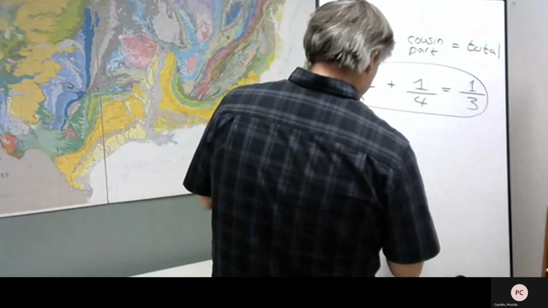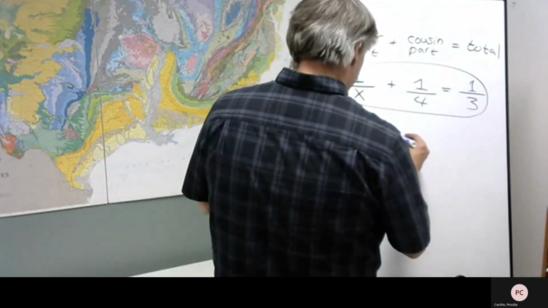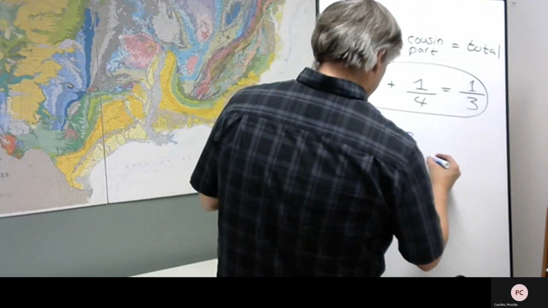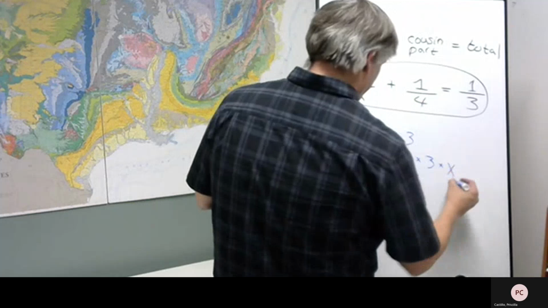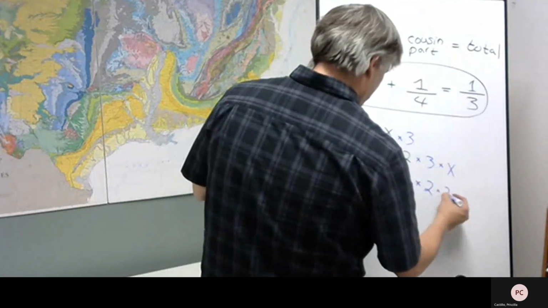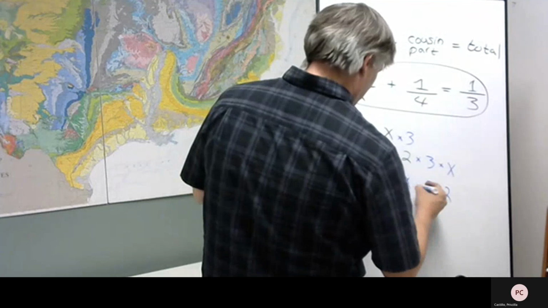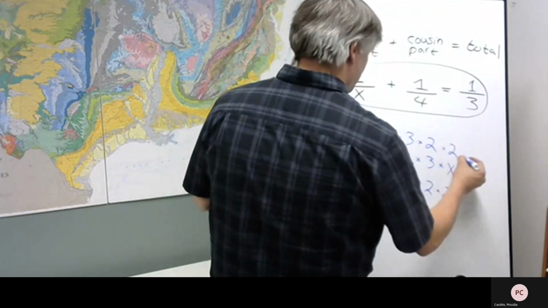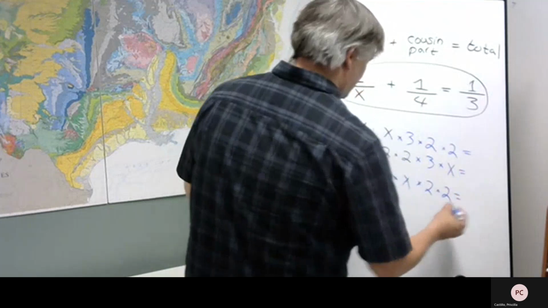So this one needs a times x. This one needs a times 3. This one needs a times 3 and a times x. And this needs a times 2 times 2.